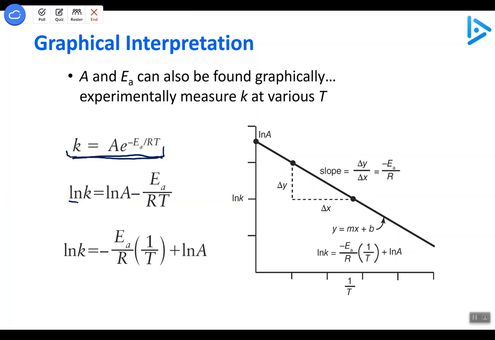Well, the ln of the second component is an E, so we can bring that exponent down. It has a negative sign. So we end up with this handy equation that you see on the second line. Well, I can take the ln A, add it to the other side, and then I have this formula here that again reminds me of the equation of a straight line.